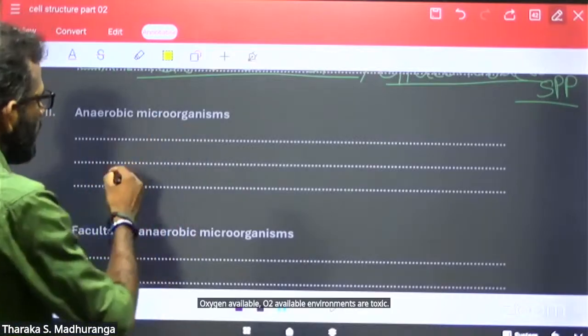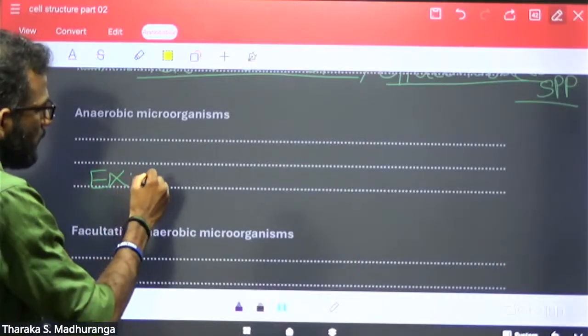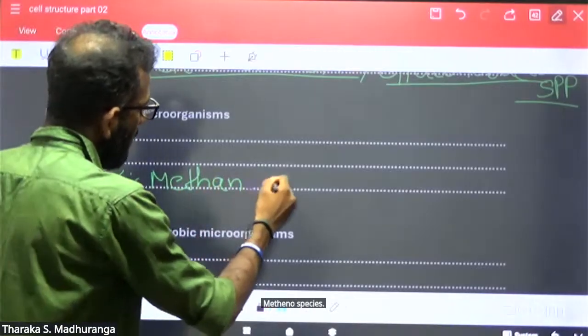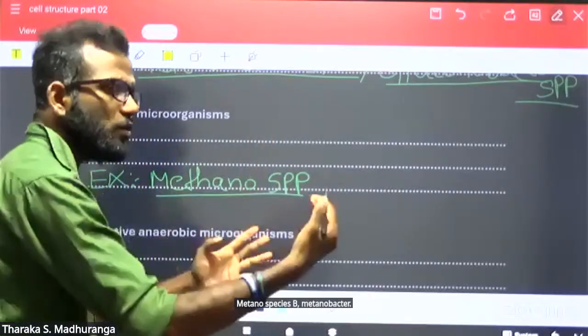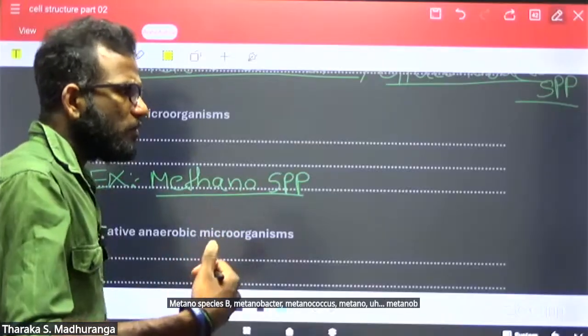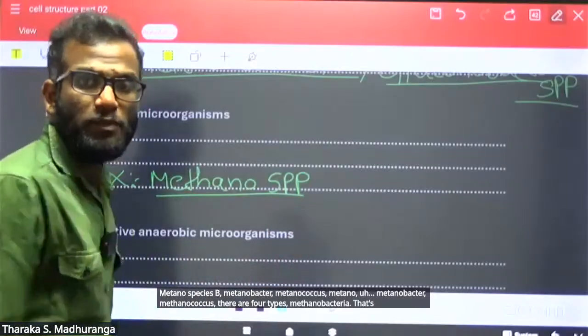Write down examples. Methano species. Methano species mean Methanobacter, Methanococcus; there are 4 types of methanobacteria. That's all the groups we call methano species.